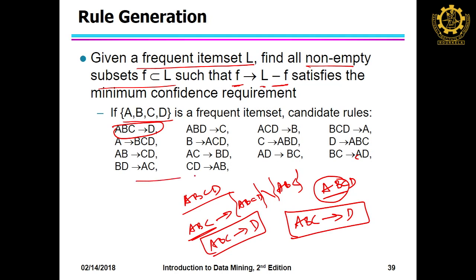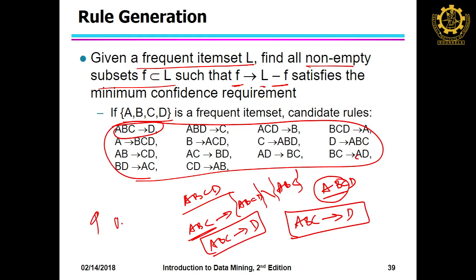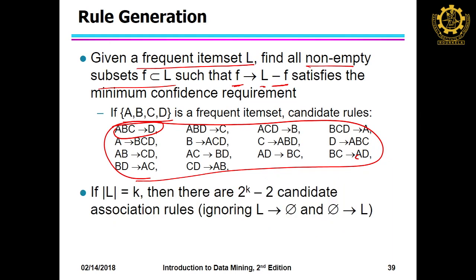Similarly, you do it for all the subsets here. So, there will be two subsets, one is null, another is A, B, C, D. This subset itself will generate the null, but we can discard this one. So, if the length of the frequent item set is k, there will be 2 to the power k minus 2 candidate association rules.